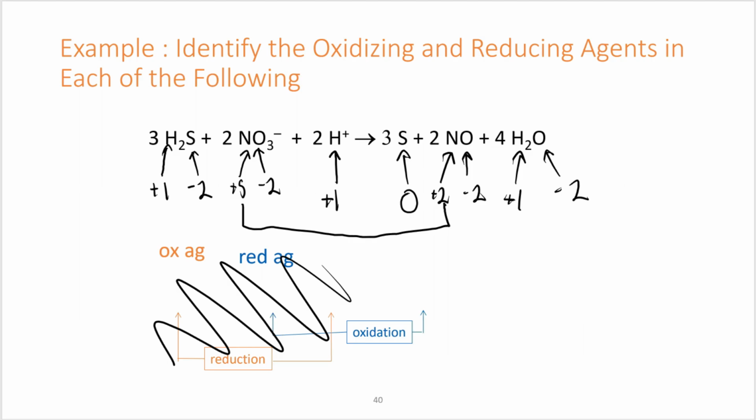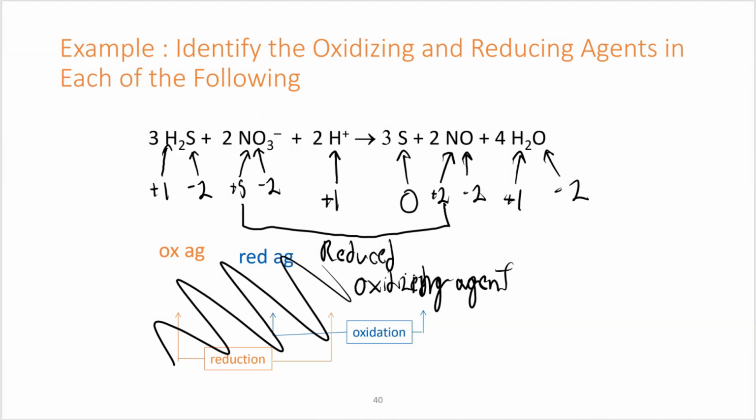Is that being oxidized or reduced? Reduced, good. And if it's reduced, it's the what agent? Oxidizing, good, it's the opposite. So that means it's forcing the oxidation of the other one.